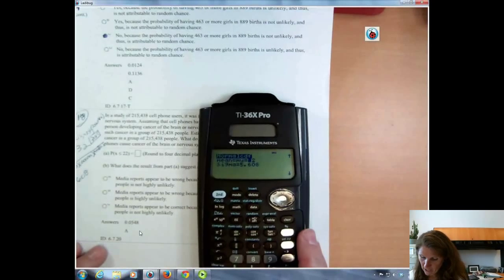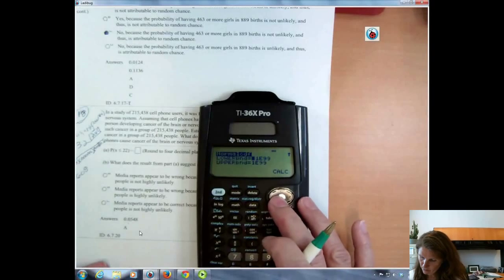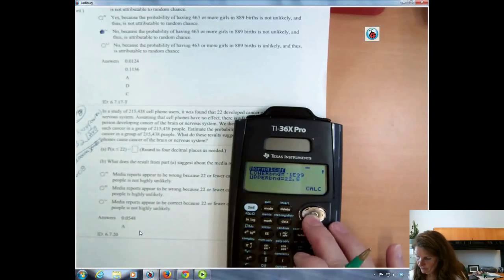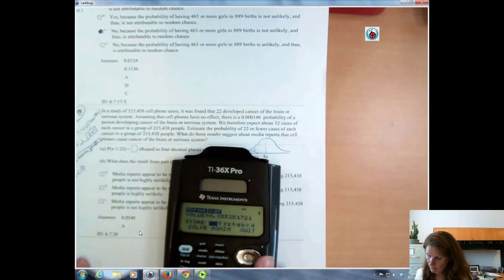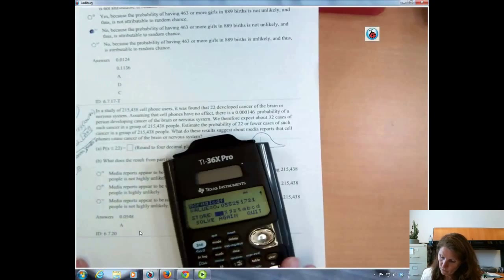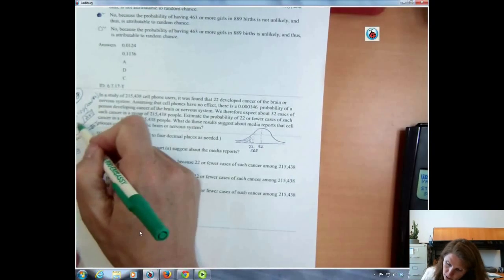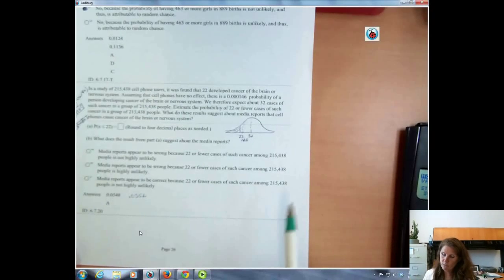I obviously haven't done these problems before, and sometimes when you first work these problems, you're just trying to figure out what the computer wants, where you round things and that kind of thing. So this time I got 0.0552, which I think would be close enough. I did not round to 32 this time. I left it at 31.45, which made the difference.